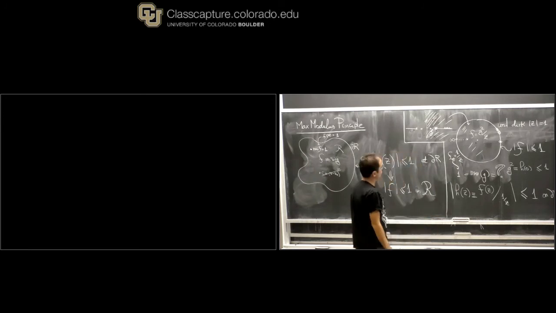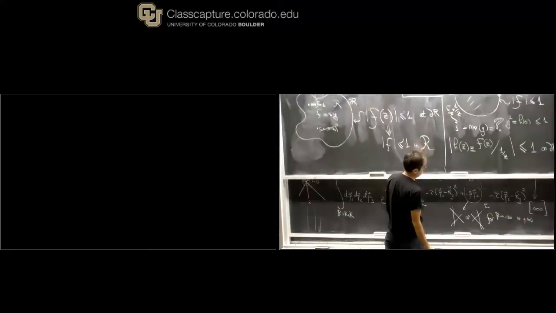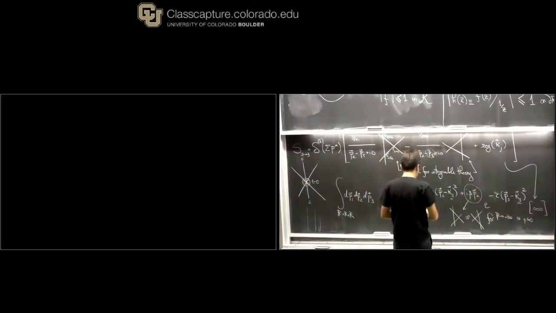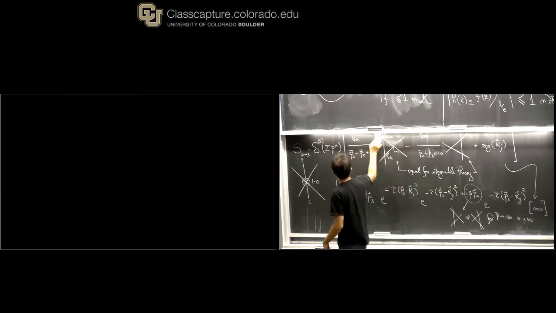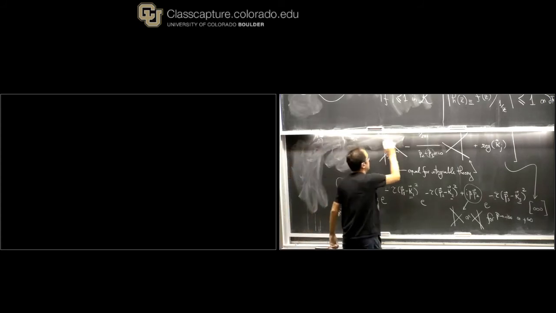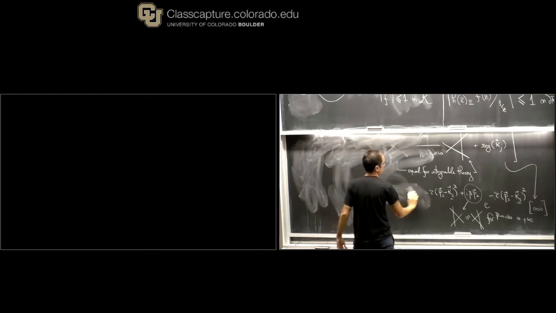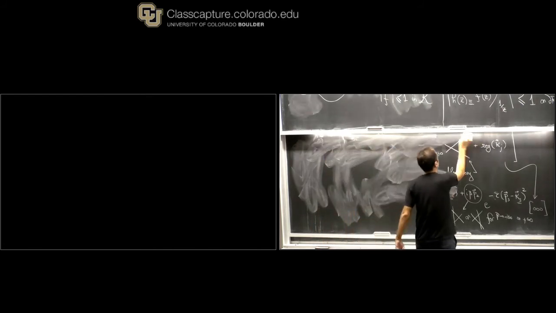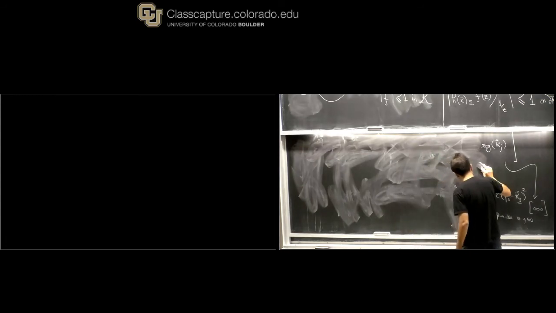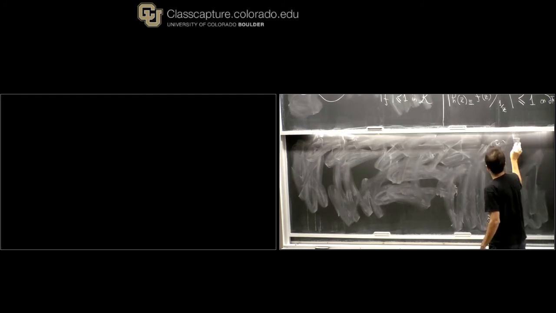But another thing we could do is map the full complex plane to the unit disk. If we don't want to be careful about crossing symmetry and identifying things, the simplest thing to do, let's also work it out how we would do it, would be to map.